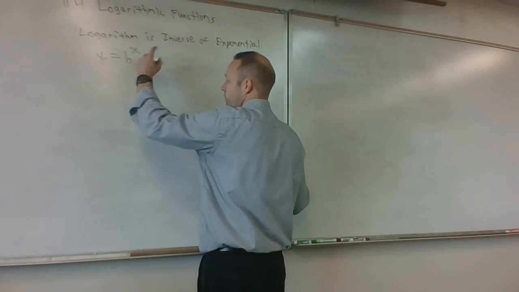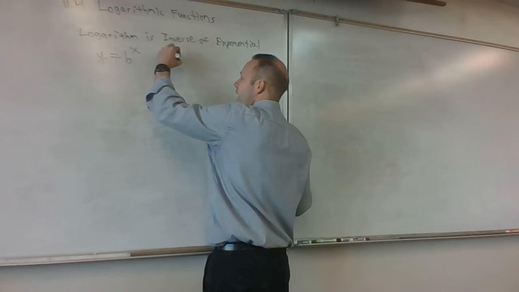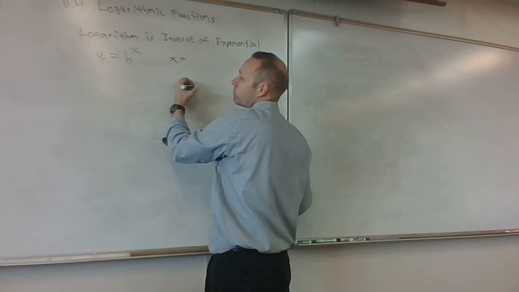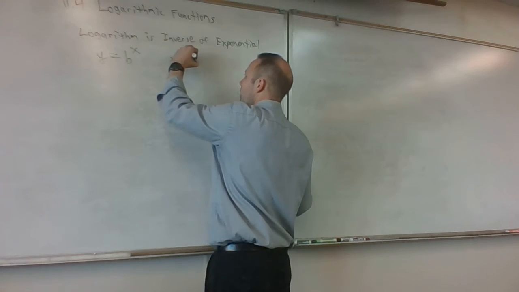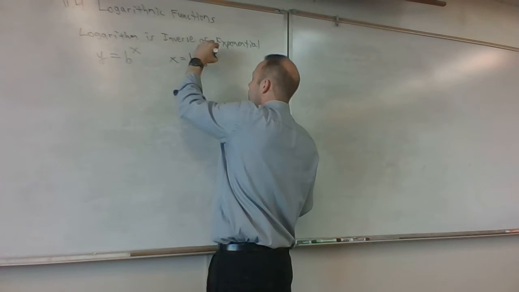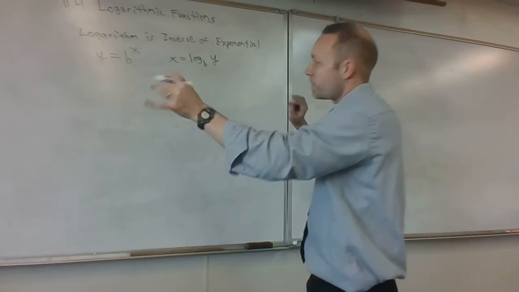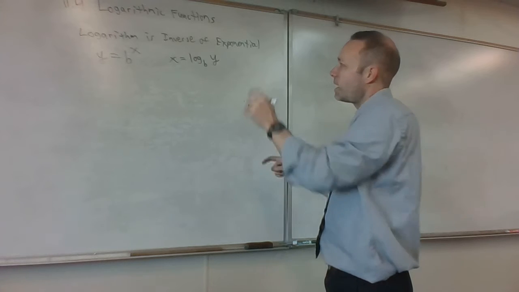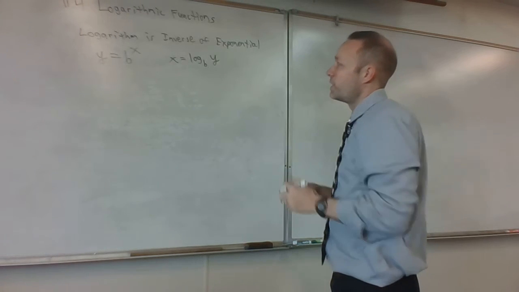Let's go ahead and put it this way. We get that x equals log base b of y. So I haven't done the swapping x and y yet. I just kept things as is, and I rewrote this as a logarithm.